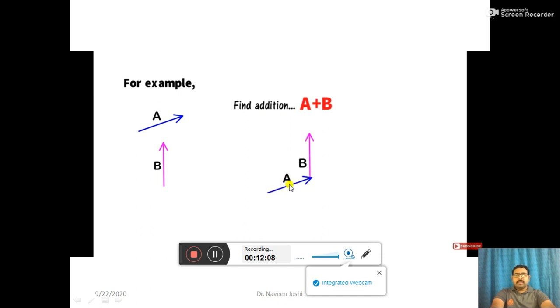Then the head of A you attach with the tail of vector B. Addition of these two vectors results in capital R. So capital R is the resultant vector, given by R equals A plus B.